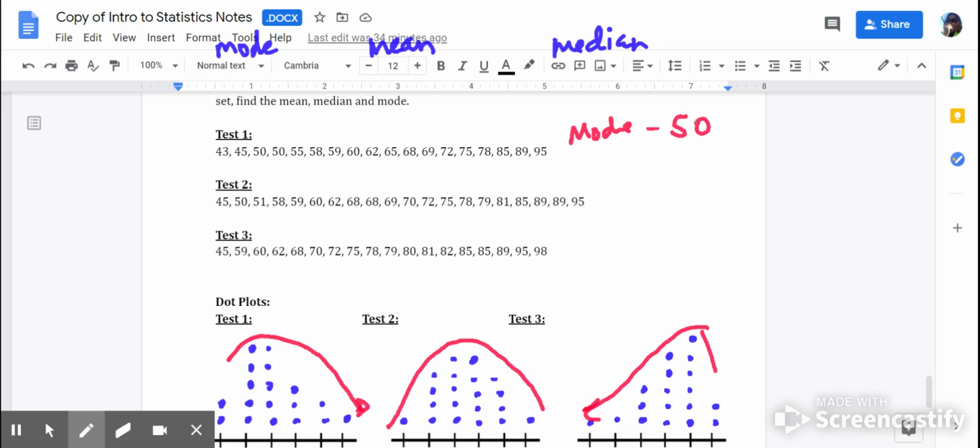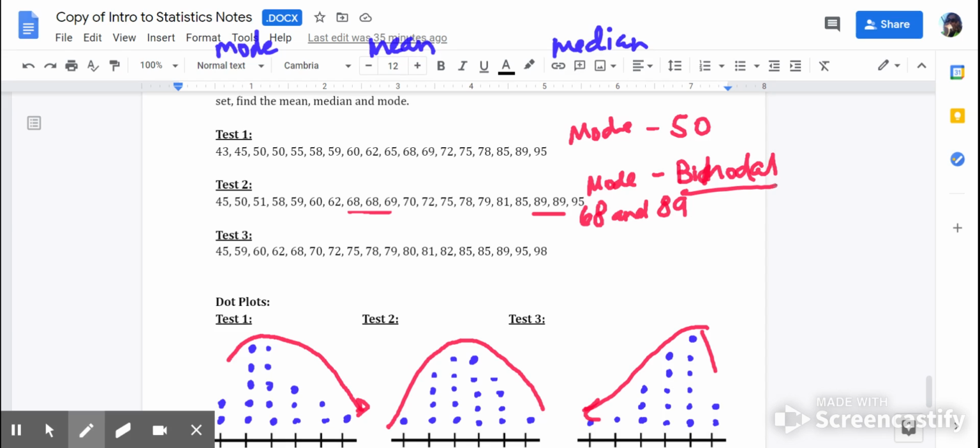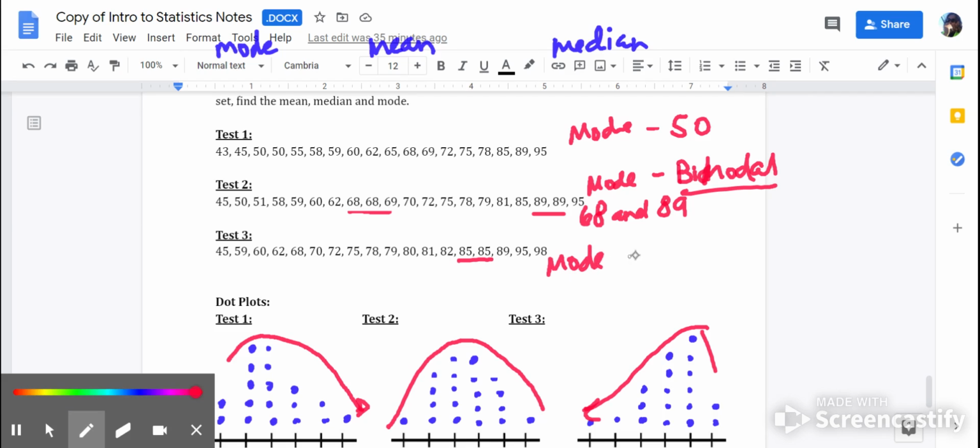For test 2, I've got 68, and we also have 89. So this one is going to have 2 modes, 68 and 89. If it has 2 modes, we call this bimodal. And for test 3, the mode is going to be 85.